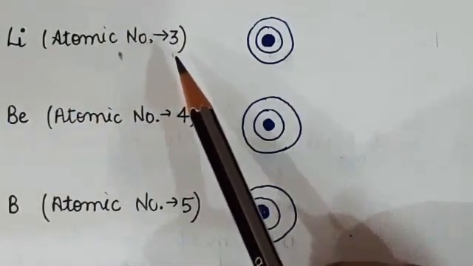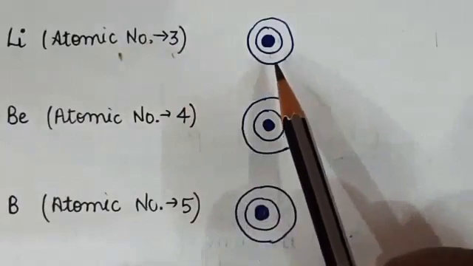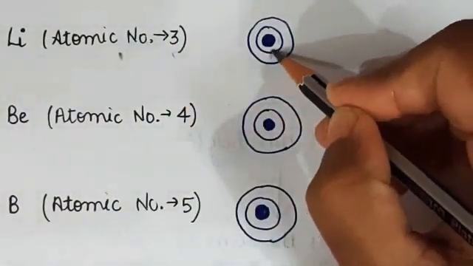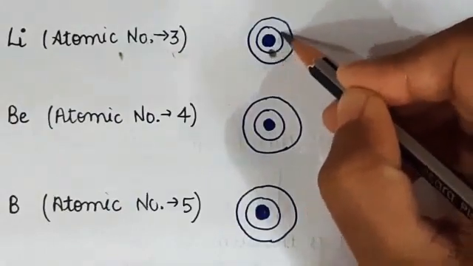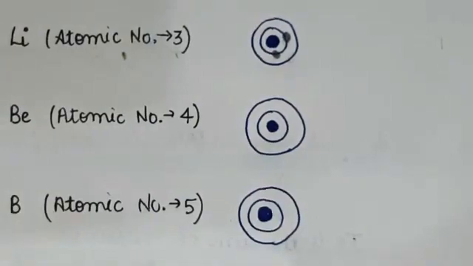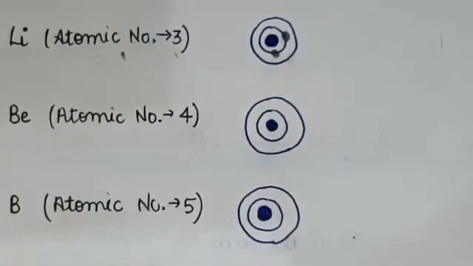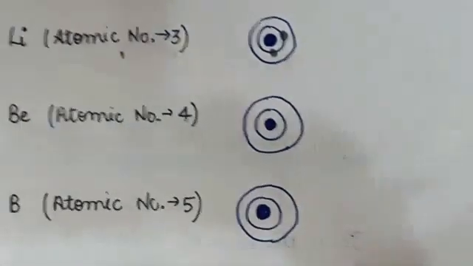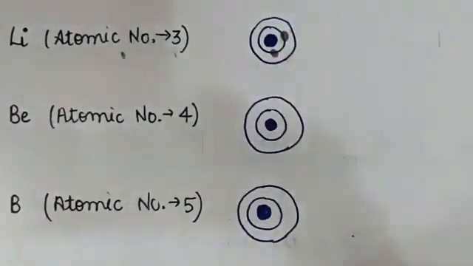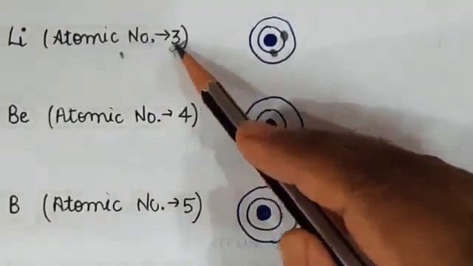So now let's start filling the electrons in the shells. In the first shell, how many electrons can be filled? 2. So 1, 2. And in the second shell, how many electrons can be filled? 8. So 2 electrons in the first shell, and how many electrons do you need to fill now?